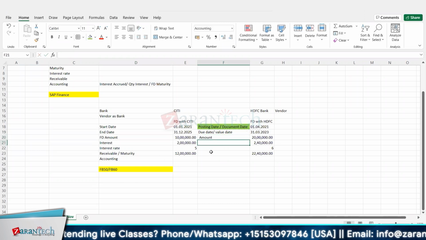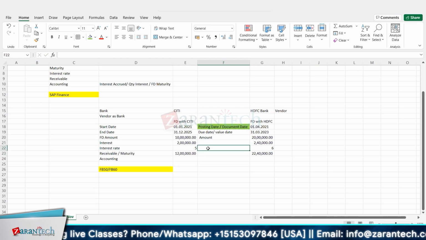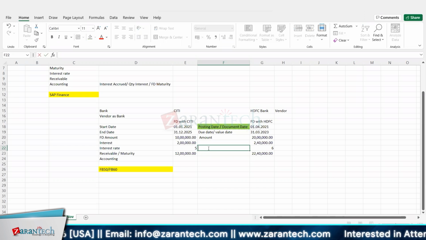What about the rate of interest? How will you maintain the rate of interest? That's the tricky part. I don't think you can. Somehow you can say, okay, I activate interest calculation, which we do for GL, but it is not the actual what the bank will give you.